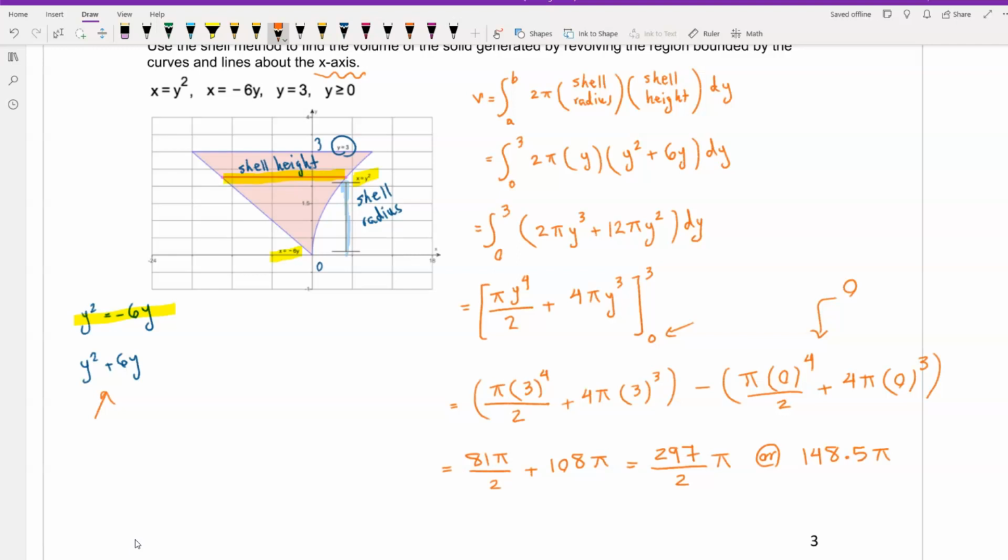And then find the answer for what we have here. We have 3 to the 4th power, that is 81, times pi divided by 2 plus 3 cubed times 4 is 108, multiplied by pi. So we're going to have 297 divided by 2 times pi, or 148.5 times pi. So this is our final answer, and that is the volume of the region revolved above the x-axis.